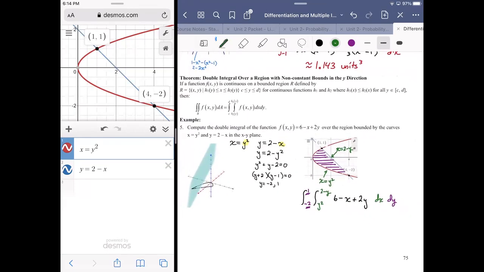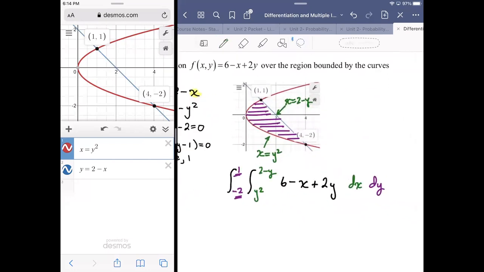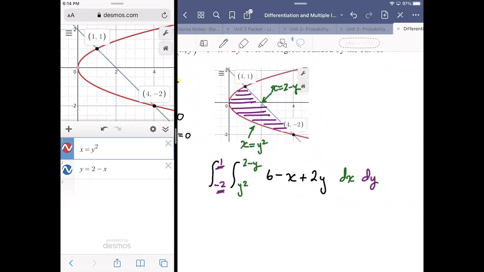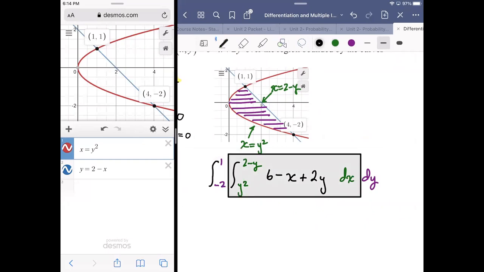All right, so this question is asking us to compute the double integral, so we got to do some work. I'll get rid of these because they're kind of distracting. So we work inside out. Integrate with respect to x. So 6x minus 1/2 x squared plus 2xy, that's happening over the interval of y squared to 2 minus y.